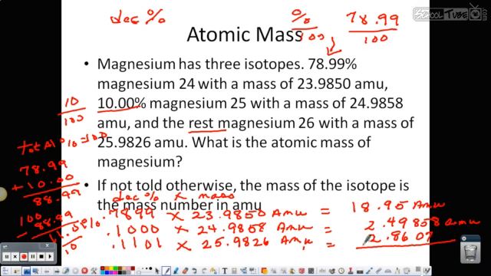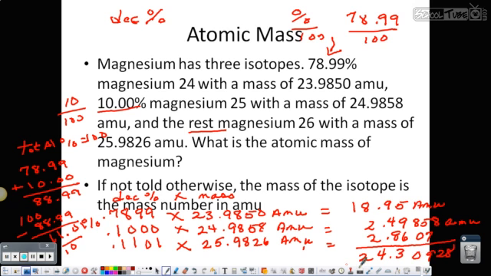Alright, now we're going to add those numbers. 18.95 plus 2.49858 plus 2.8607, enter, and it equals 24.30928.